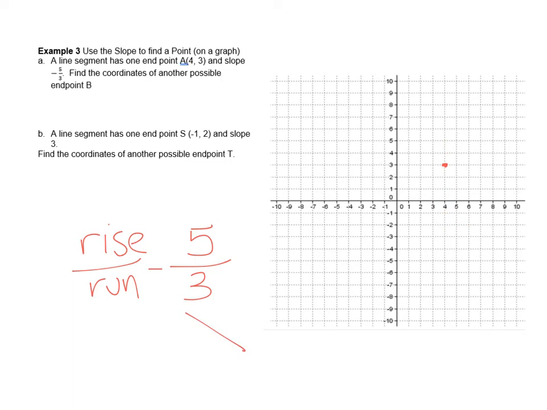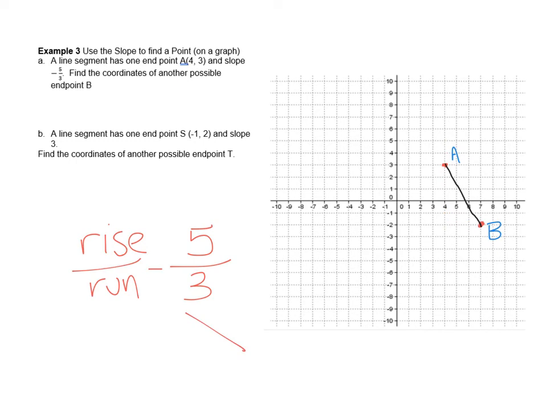And that is another point on this line, 7, -2. So this was A, and I found B. Now I'm going to try and connect them, it's not going to be pretty. Not too bad. Connect them, that line has a slope that is -5 over 3.